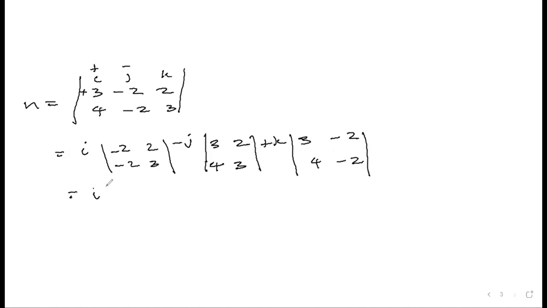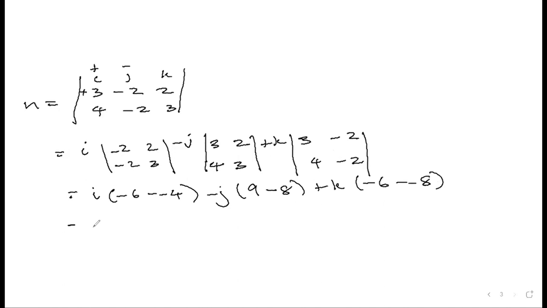So that is going to be i times -6 minus -4, minus j times 9 minus 8, plus k times -6 minus -8. So that is going to be -2i minus j plus 2k.